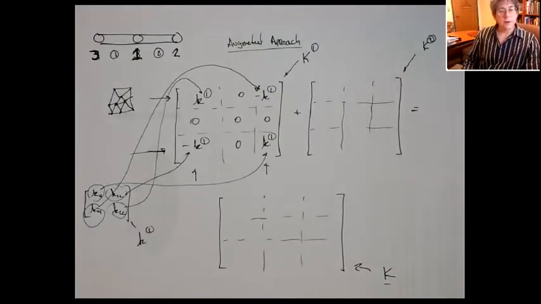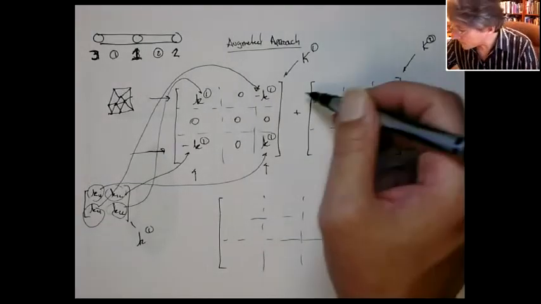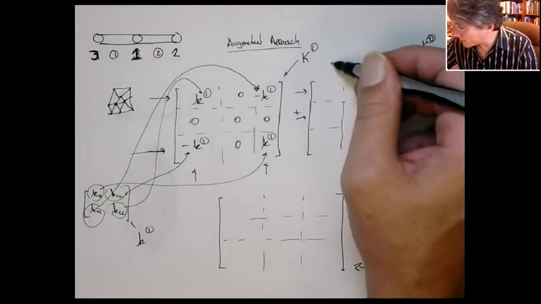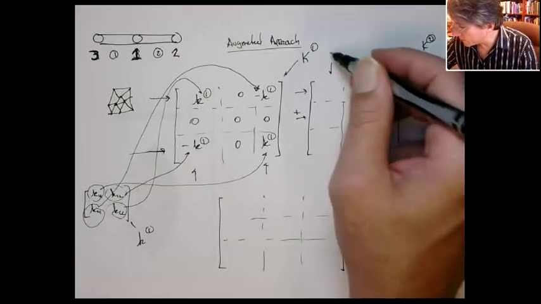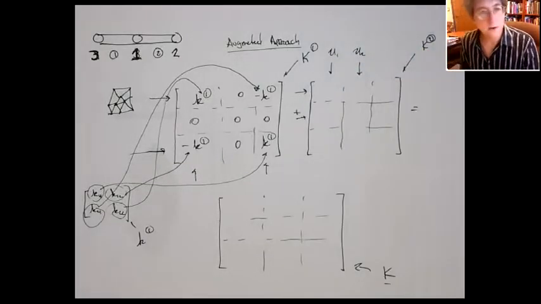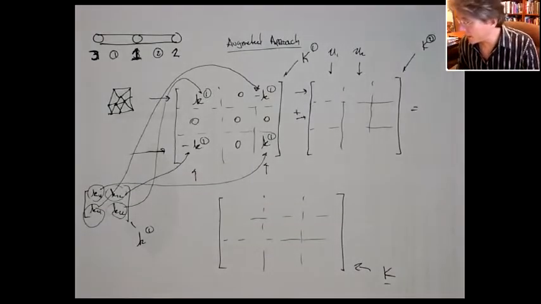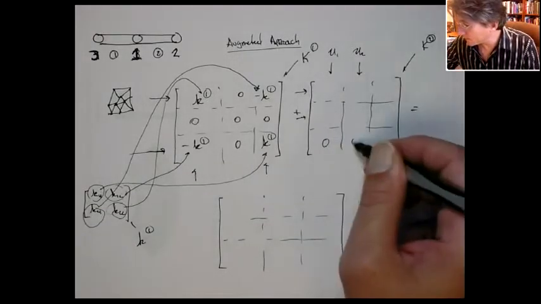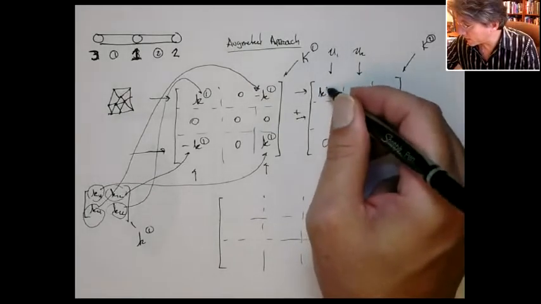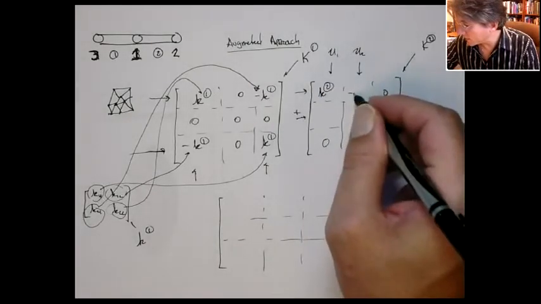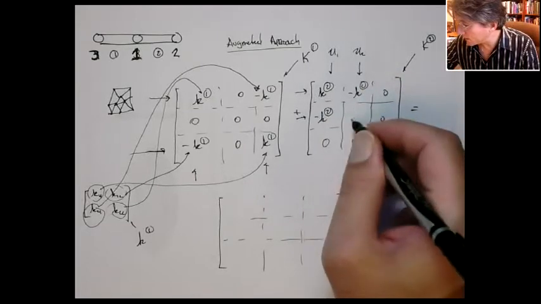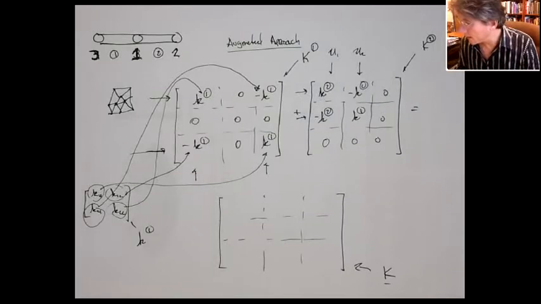Now the second one relates the displacements at nodes 1 and 2, this is like U1 and U2, to the forces at nodes 1 and 2. And in this case, the first entry would go here. So that's the K2. And then we get the minus K2, minus K2, and then the K1. All right?